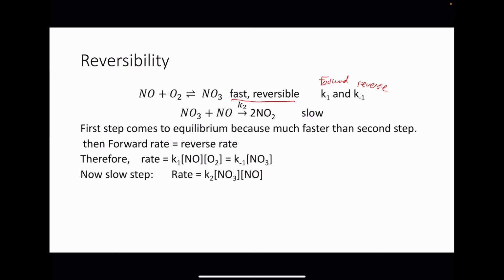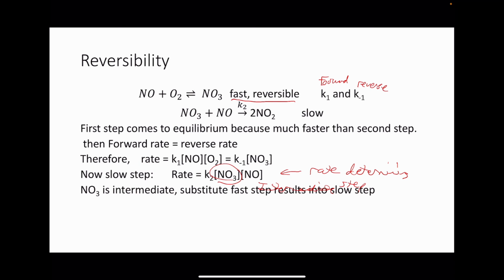And then if we look at the overall rate, because this is the rate determining step, but notice that NO3 is an intermediate and can't be included.